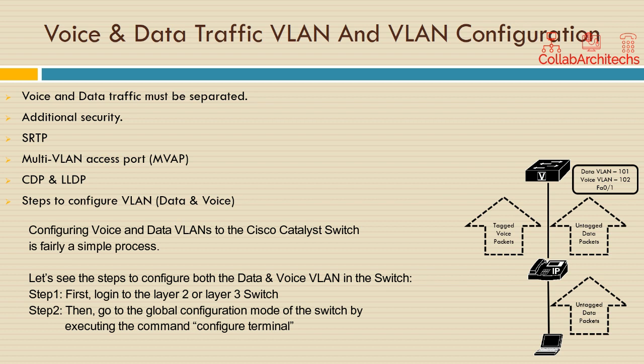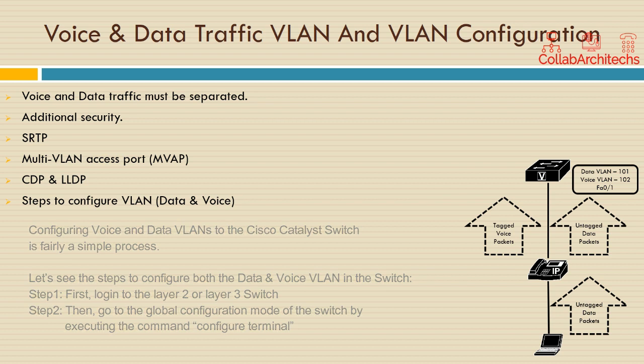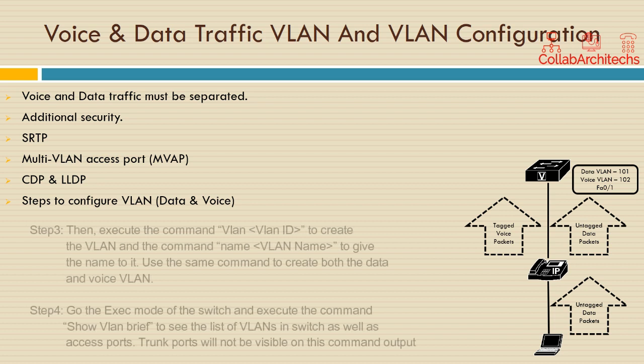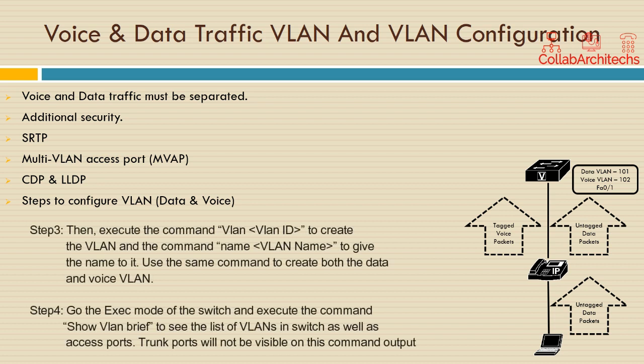Then go to the configuration mode of the switch by executing the command configure terminal. Then execute the command vlan and give the VLAN ID to create the VLAN, and the command name, then the VLAN name, to give the name to it.